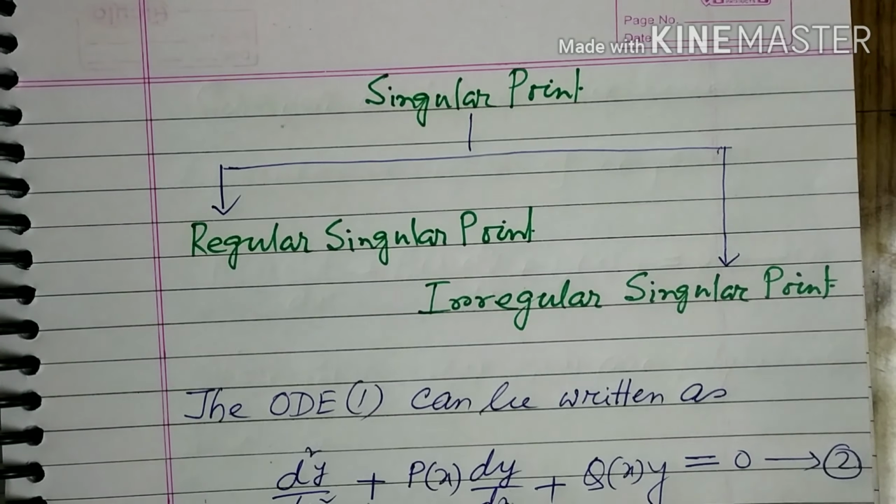Most important part. The ordinary differential equation 1 can be written as d2y/dx square plus p(x) dy/dx plus q(x) y equals 0. What is p(x)? p(x) is nothing but p1(x) by p0(x) from the equation number 1. What is q(x)? q(x) is equal to p2(x) by p0(x).